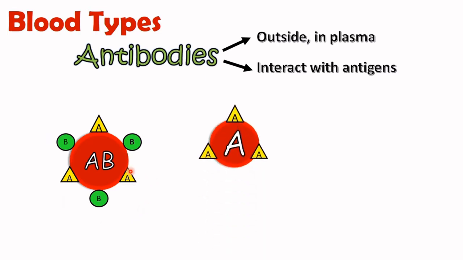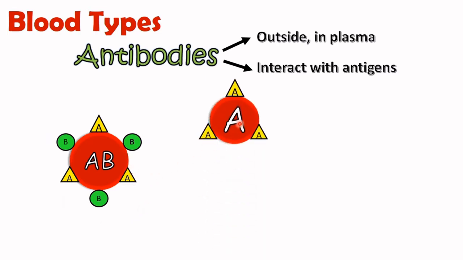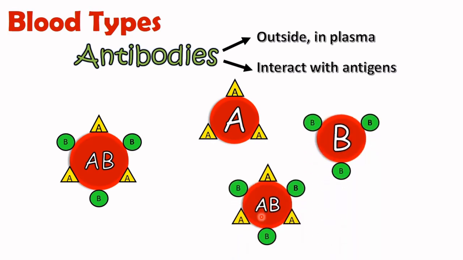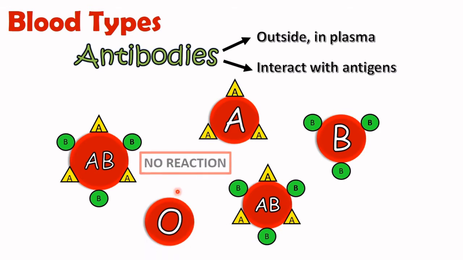So if a person comes with antigen A, which is blood type A, there is no reaction because there are no antibodies and it does not trigger any immune response. The same goes for a person with B blood type, AB blood type and also O blood type. There is no reaction between all these types of blood cells.